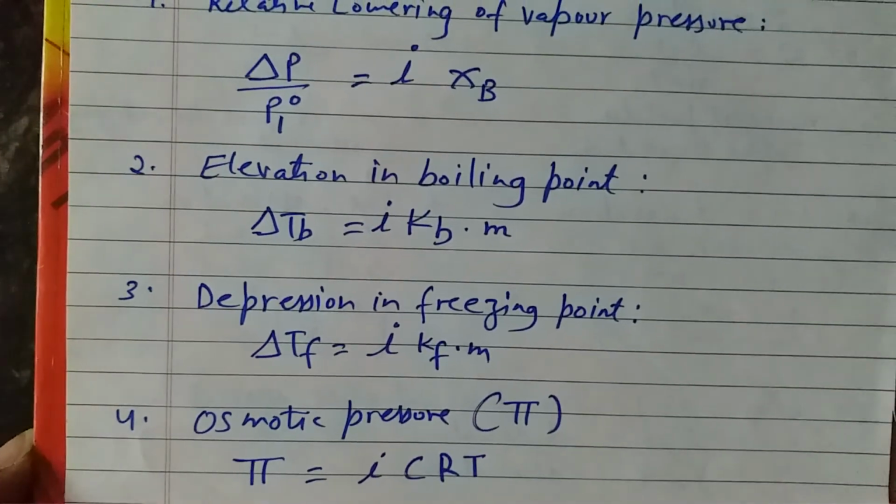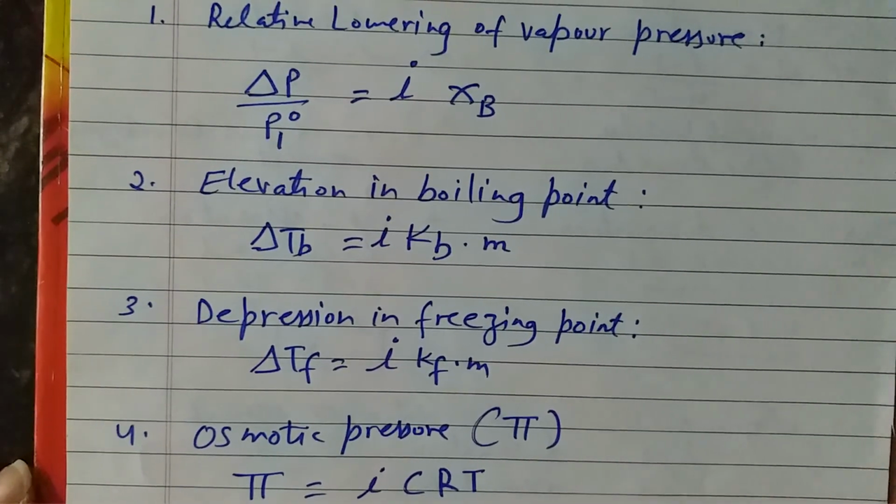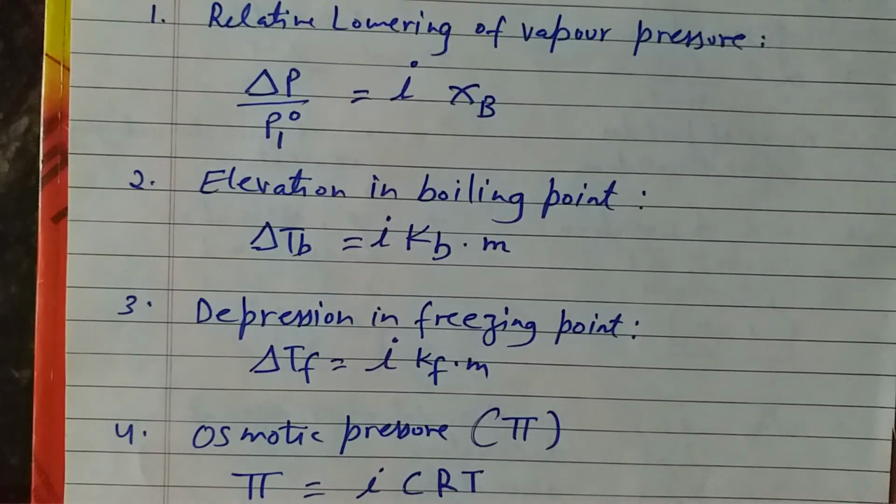So what you see here is that all the colligative properties now must incorporate the Van't Hoff factor i, without which the calculations will be incorrect. So no question on colligative property is to be solved without using the Van't Hoff factor.